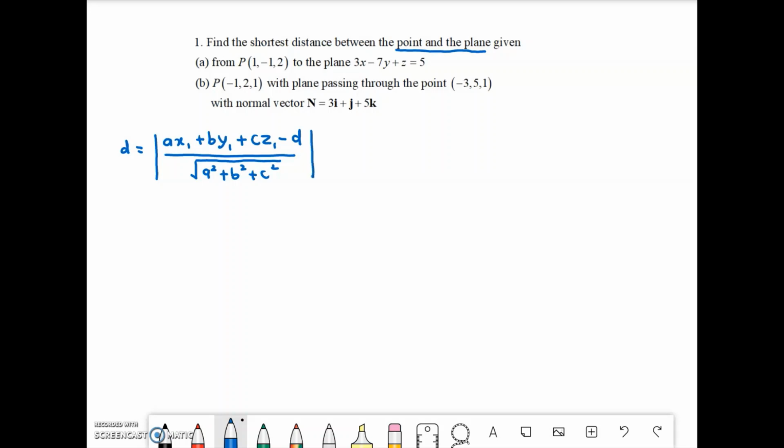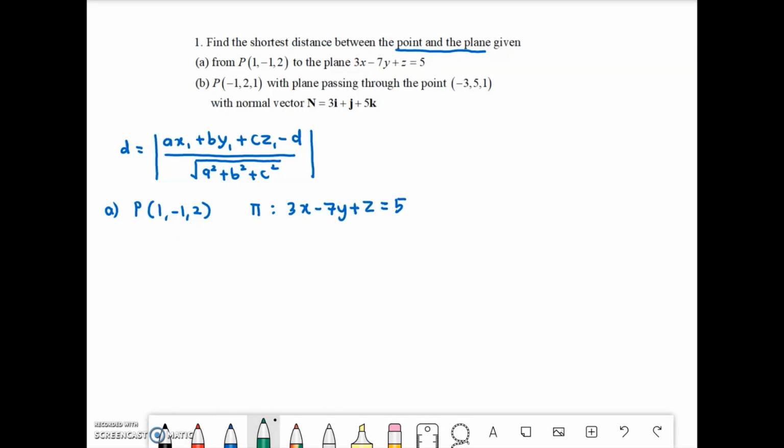Okay, so we have two questions here. First, we try to solve part A from point P. So we have P is (1, -1, 2) to the plane 3x minus 7y plus z equals 5. So we have the equation of a plane, which is 3x minus 7y plus z equals 5.